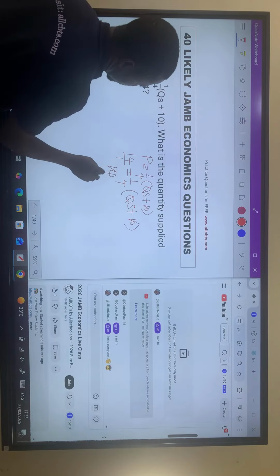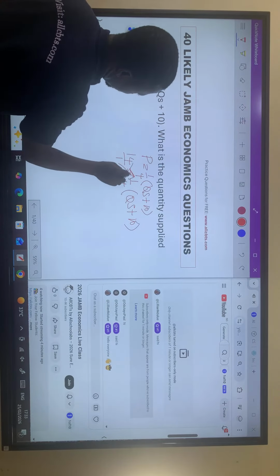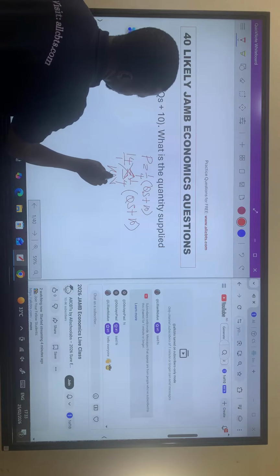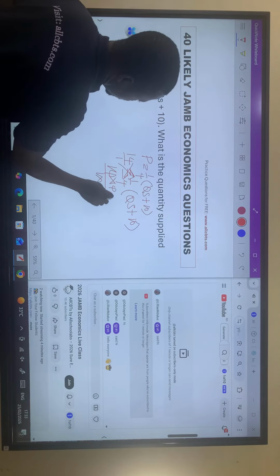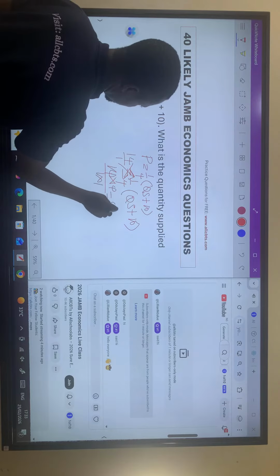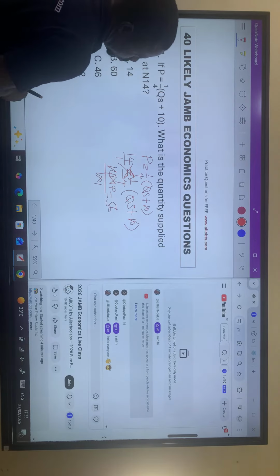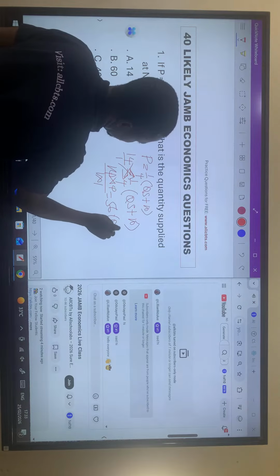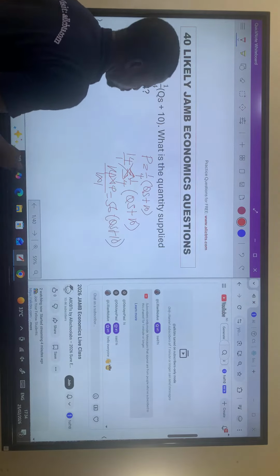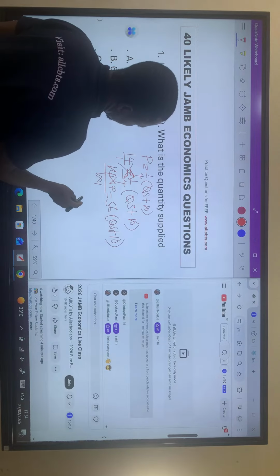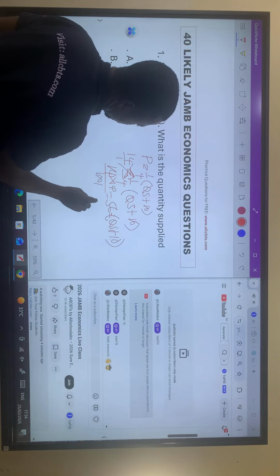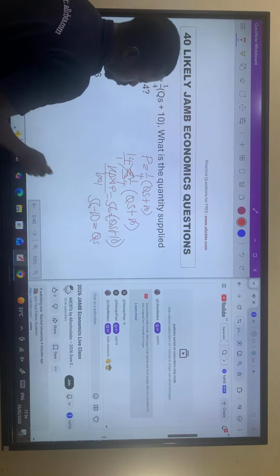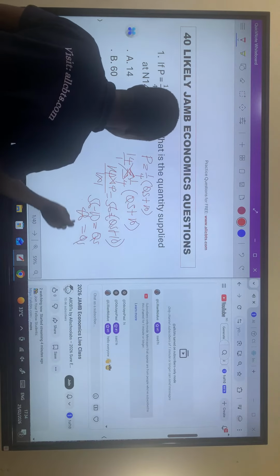If you cross multiply, we have 14 times 4 over 1 times 1. 14 times 4 should be 56, right? So we have 56 equals QS plus 10. Alright, we'll collect like terms. We have 56 minus 10 equals QS. So 46 equals QS. So the answer is C.